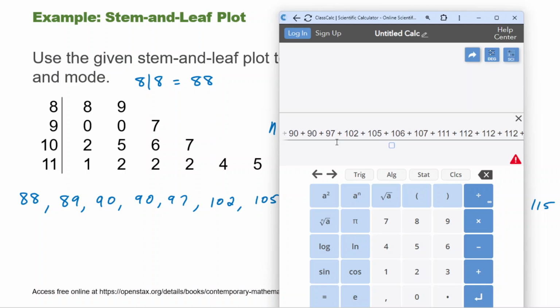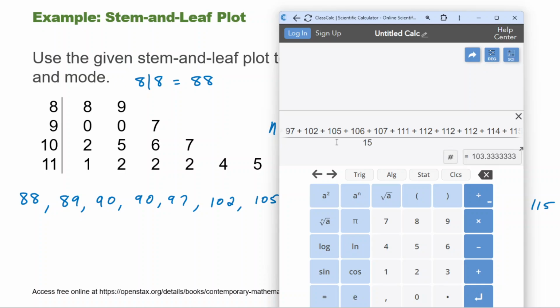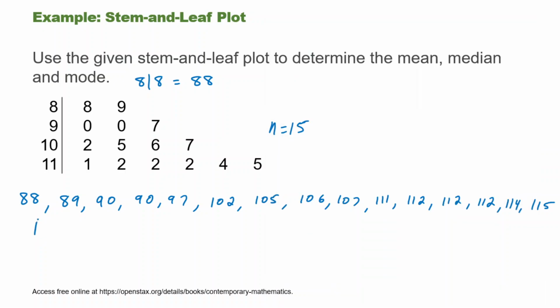That's 3 of those, plus 114, plus 115, all divided by 15. So that my mean is 103.3 repeating. Okay, there's our mean. Next, for our median.